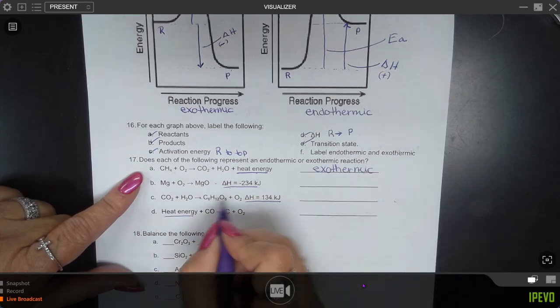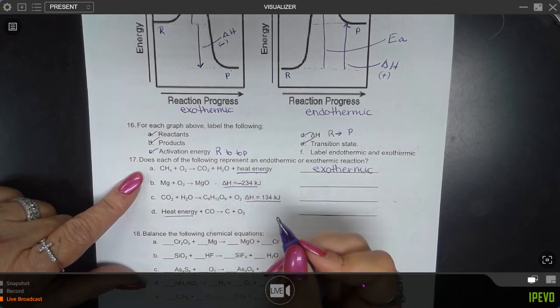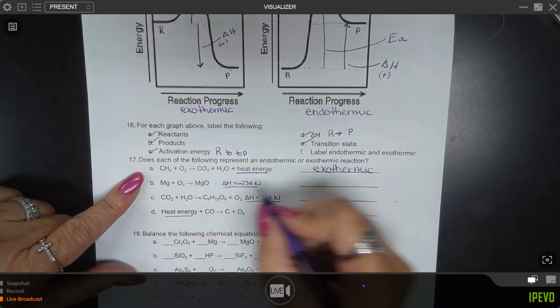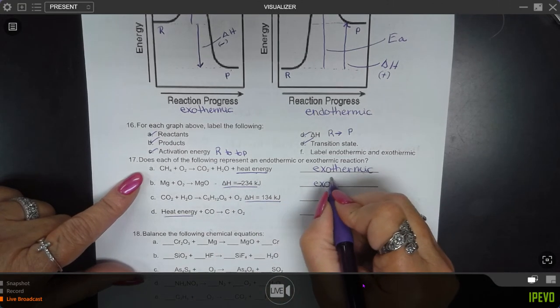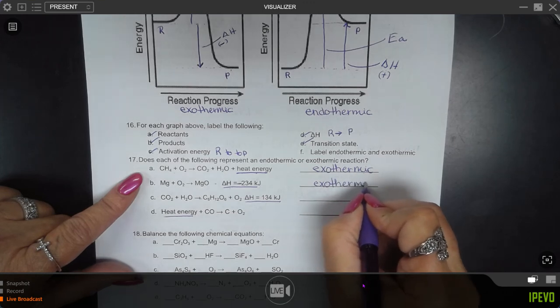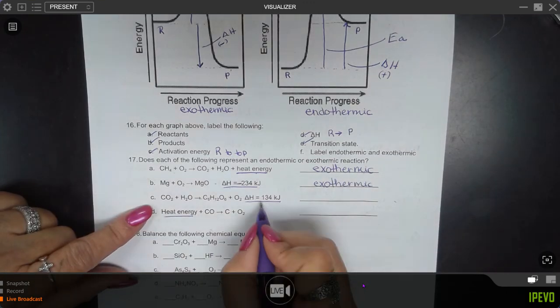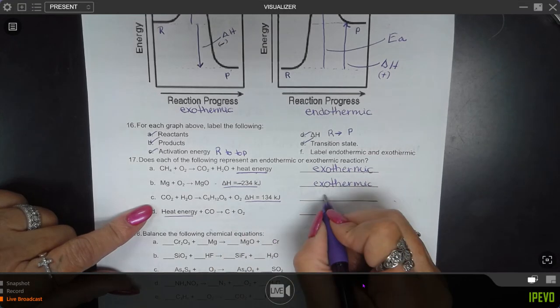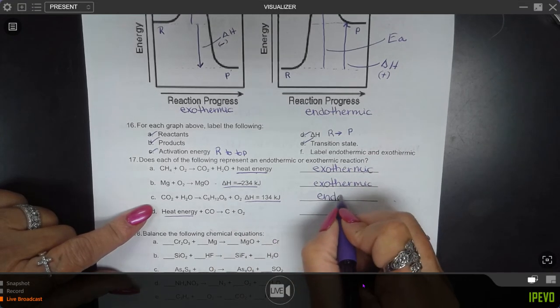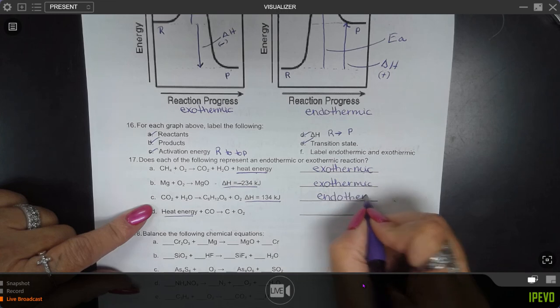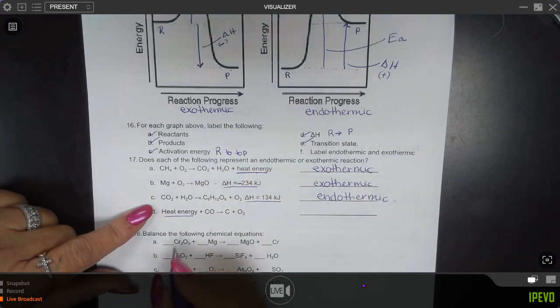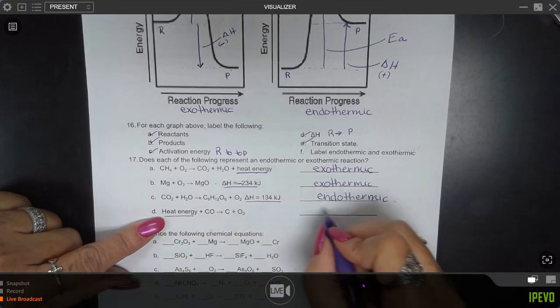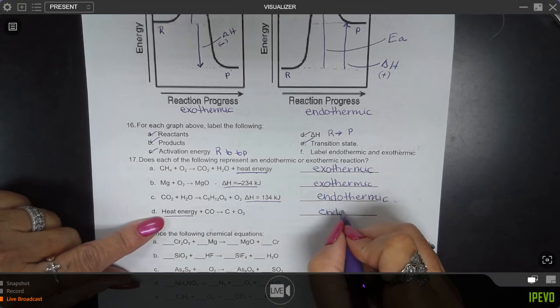And when the delta H is negative, when we just write delta H is negative, that is also exothermic. In this case, delta H is not negative, it's positive, so that makes this an endothermic reaction. Energy is being absorbed. And then energy is on the reactant side, again, endothermic.